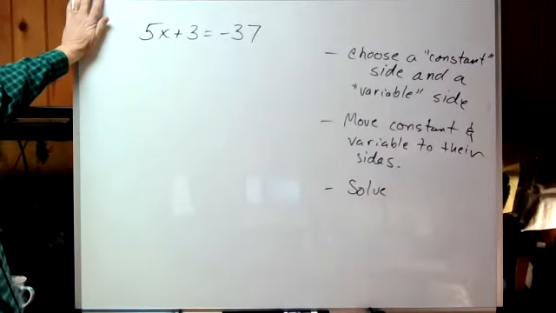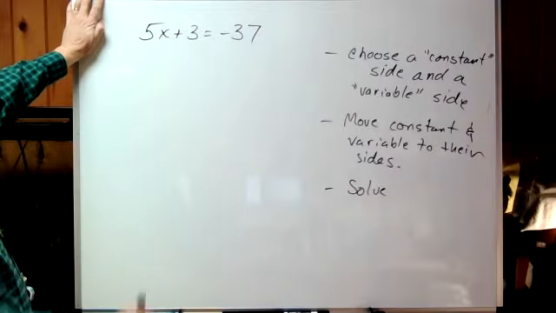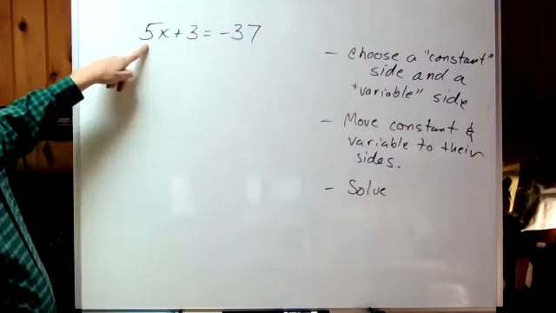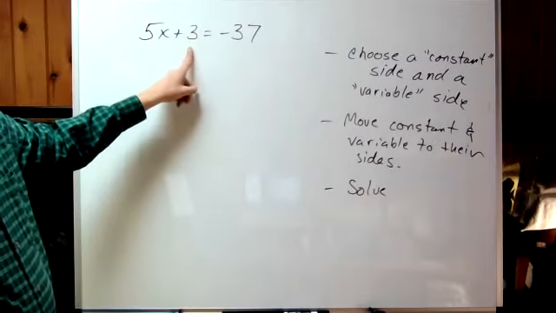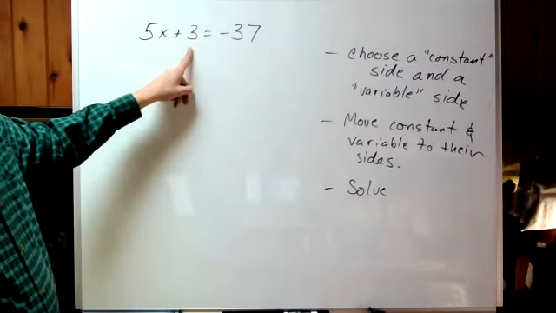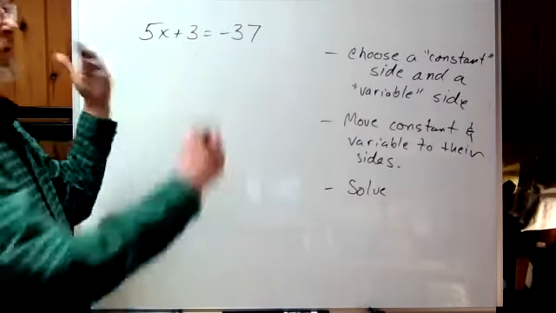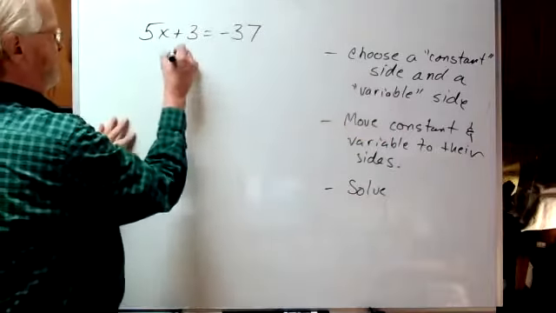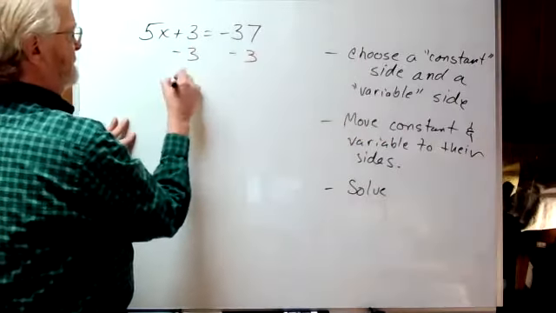5x plus 3 equals -37. All right, similar situation. Let's leave the constants there and the variables here. So I need to move this extra constant term. I need to remove it or cancel it out on both sides.